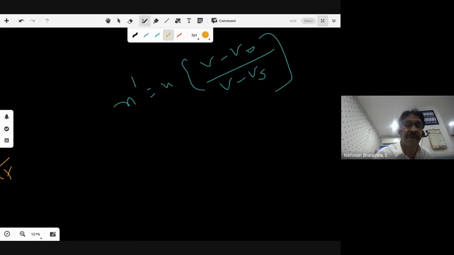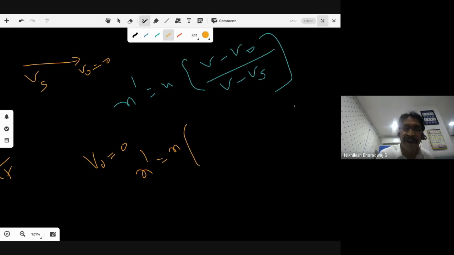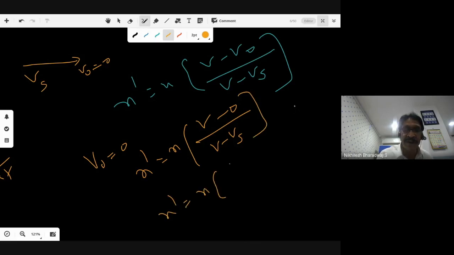Now, as per the problem, the observer is at rest, so V naught is 0, and the source, that is the train, is approaching the stationary observer. So n dash is equal to n into (V minus 0) by (V minus Vs), so n dash is equal to n into V by (V minus Vs).